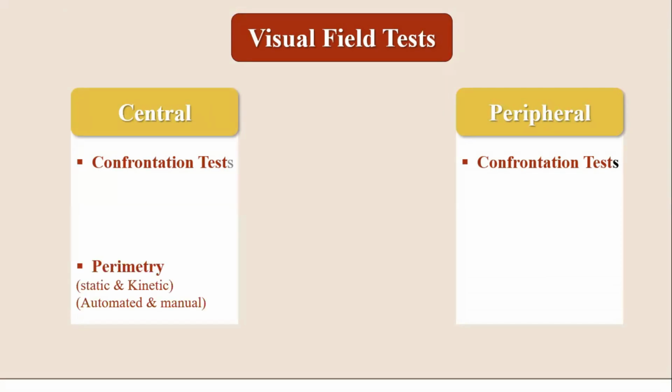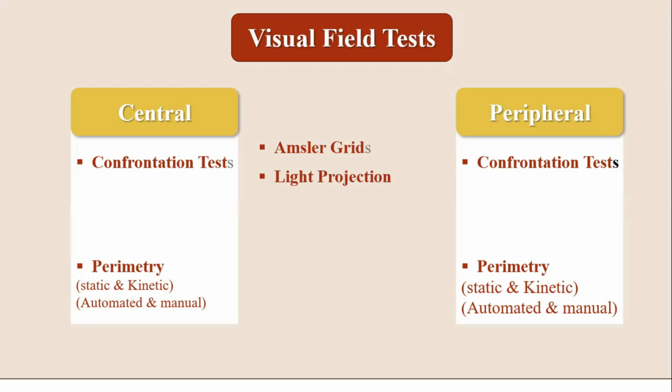But we have some modifications anyhow. So we have two other tests for visual field, Amsler grids. I mention it in plural because we have many charts, okay? But let's say Amsler grid. Is it for central or peripheral or both? Yeah, I like this out of the box answer. Yeah, central. Someone called it microperimetry.